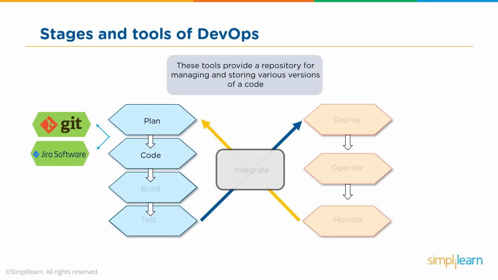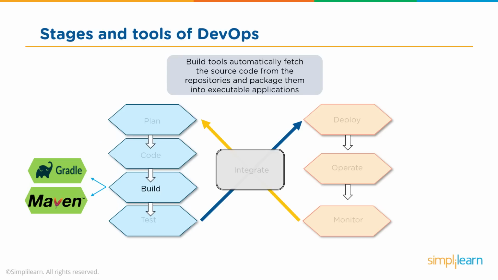So if we're looking at planning and coding, we want to be using the tools that allow us to manage our work that needs to be done, going through a pipeline process and code versioning. We want to have the tools that automatically collect the code that's been created and automatically build those applications. And you'll see that the term automatic is something that is consistent with DevOps.